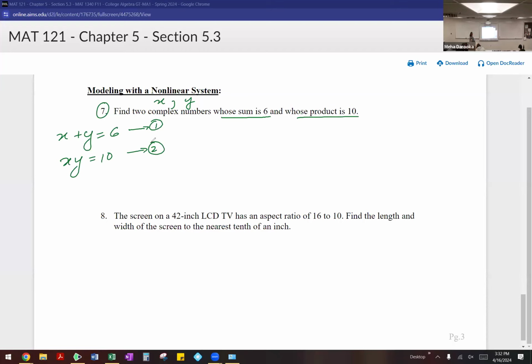We will need to use substitution again for this, because since you have x times y, we really wouldn't be able to do addition or elimination method here. I guess it wouldn't matter, but we can substitute.